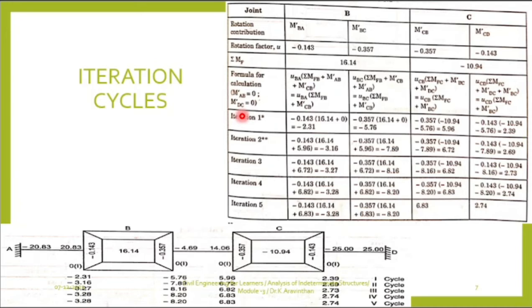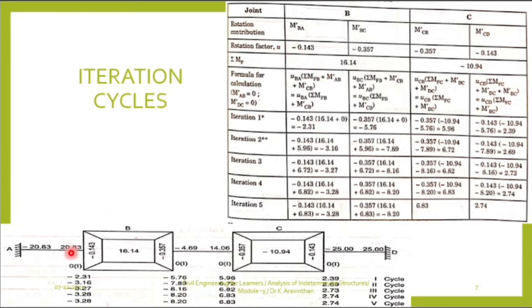Then this is the formula for the Kani method. The formula is U suffix BA. If you want to find U suffix BA, what you have to do is sum up MFB. What is FB? That is fixed bending moment, so you will have a fixed bending moment, called MFB, plus M dash AB. What is M dash AB?